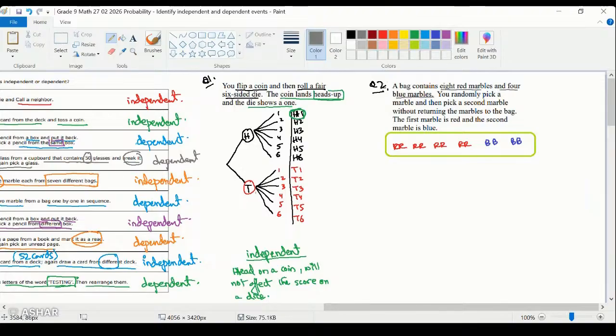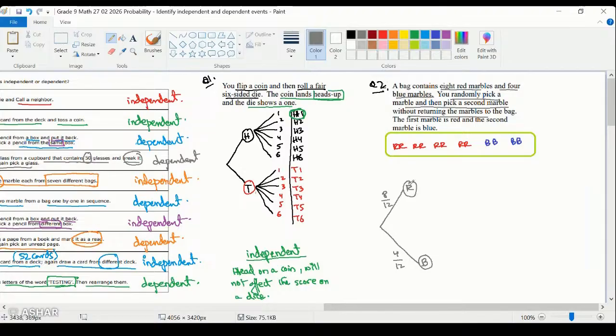You randomly pick a marble and then pick a second marble without returning the marble to the bag. What happens is we have 2 possibilities. We can select a red marble or a blue marble. How many reds were there? There were 8 reds out of 12. How many blues were there? There were 4 blues out of 12.